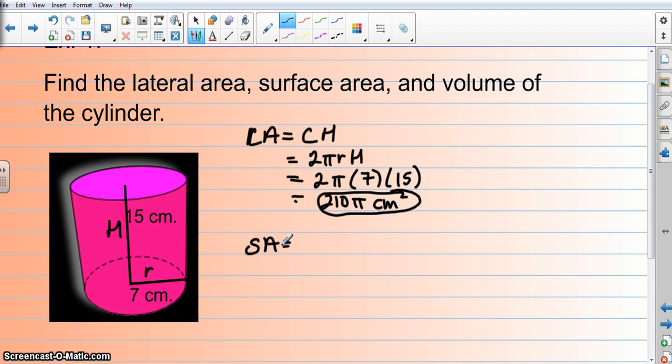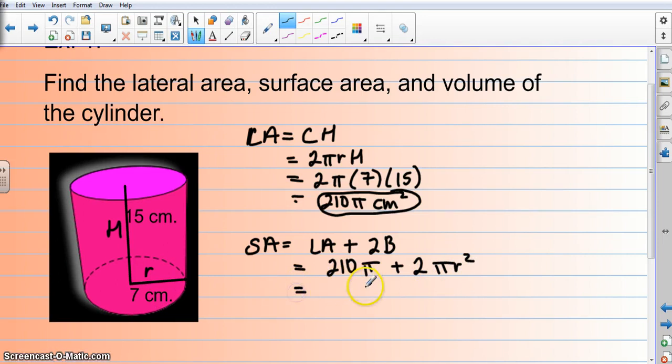Surface area. The surface area is the same as on a prism, same formula. So I'm going to have my lateral area plus 2 base areas. I have 210 pi, and I'm going to add 2 base areas. A base is a circle, and the circle's formula is pi r squared for area.